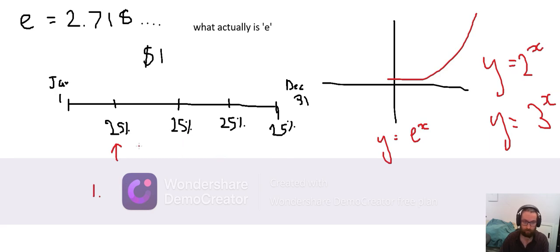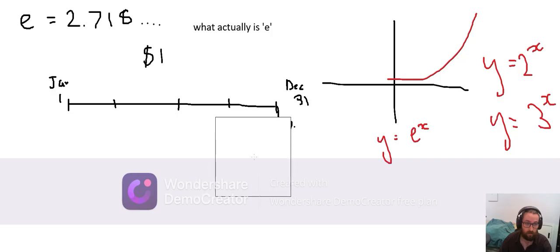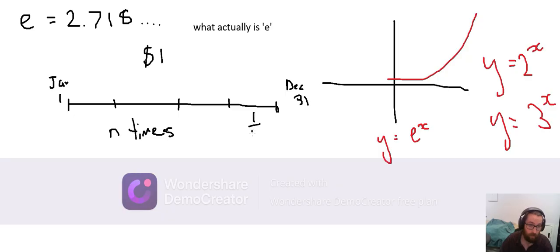Let's try and generalize. Another example would be, what if they charge you 1/12 interest every month, or 1/365th interest every day? The point that I'm getting at is that these increments can be smaller and smaller and smaller. Generally speaking, let's say we charge interest n times at a rate of 1/n, which is what I've been doing so far.